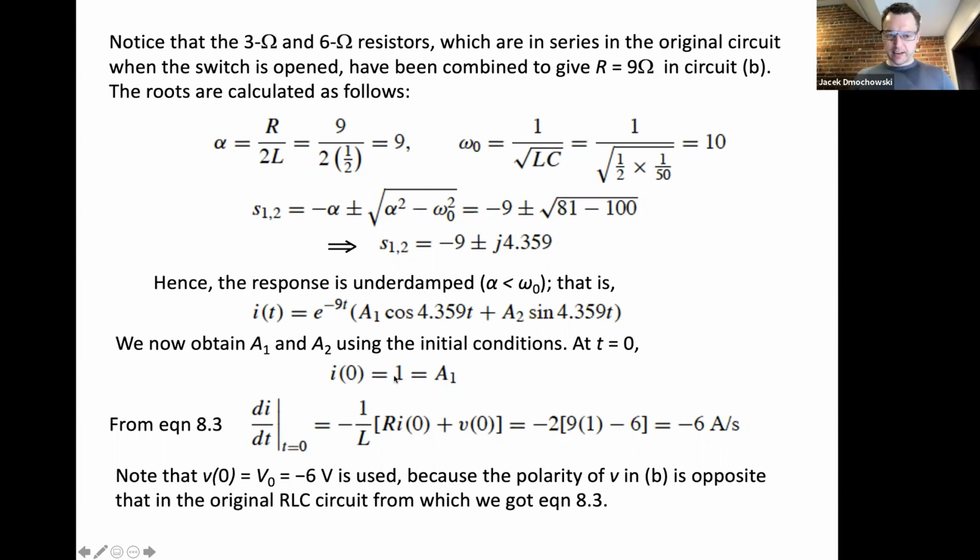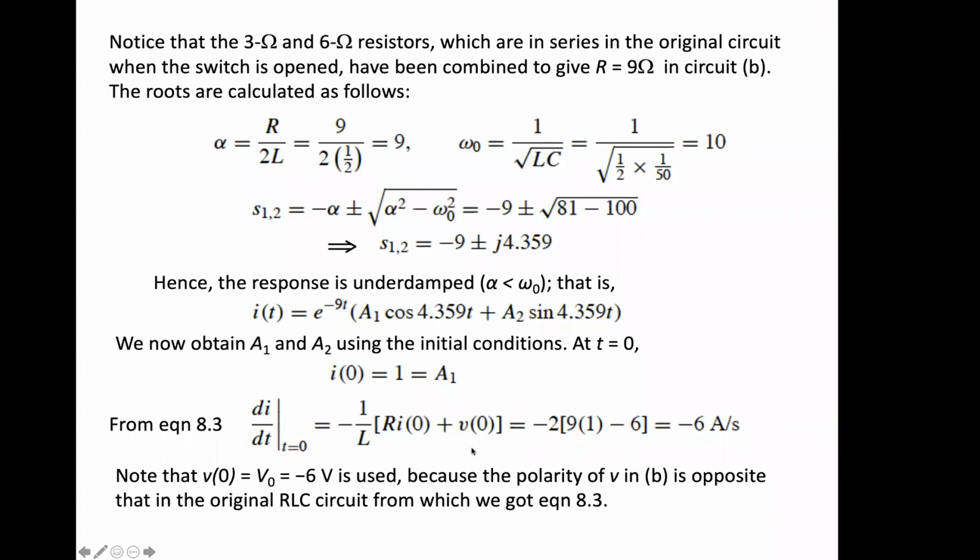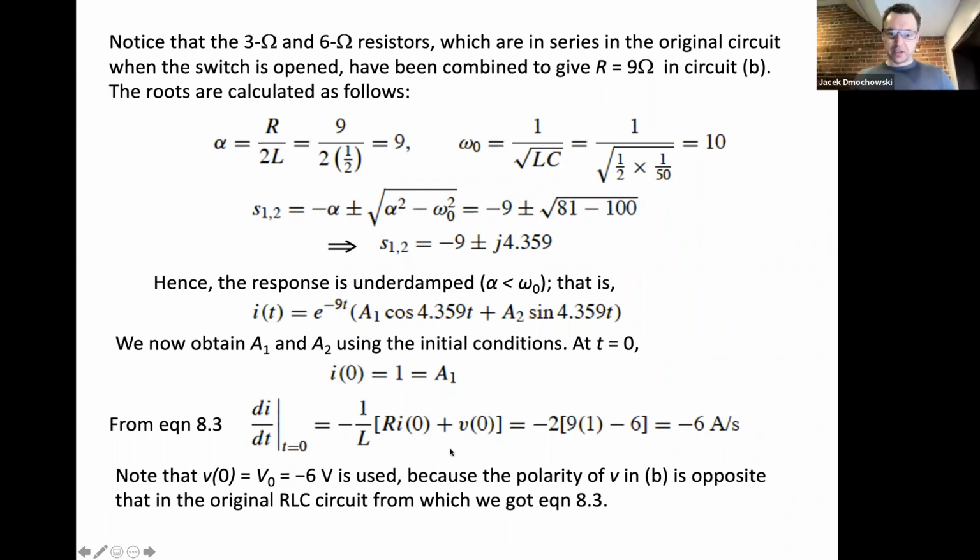In this case, I of 0 was equal to 1 amp. In the second step, you differentiate this expression and evaluate it at 0, and that has to equal the initial derivative, which we got by applying KVL to our RLC circuit at time 0.